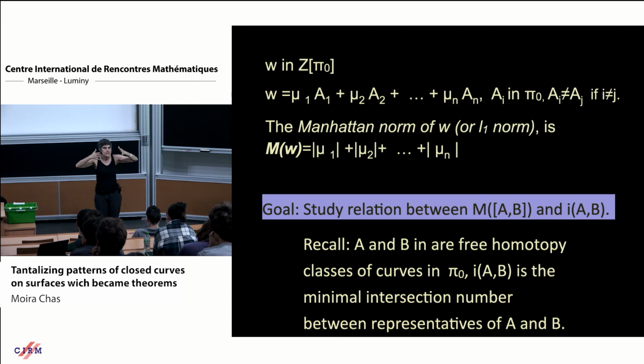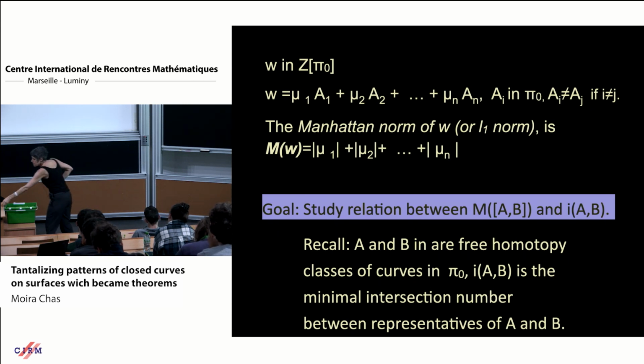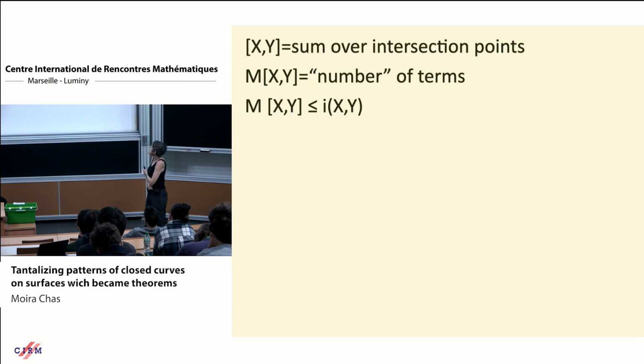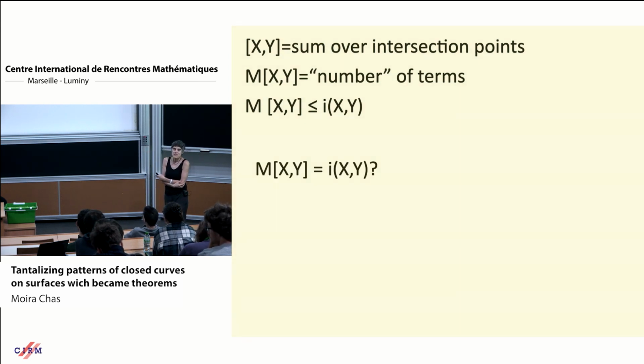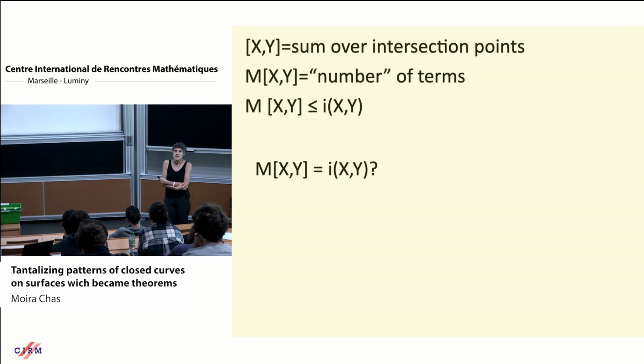Of course, I may have cancellation, you know, there are signs, and I'm taking classes. But at most I get that. So this Manhattan norm is bounded above by the intersection number. And this is what I just said. And I was wondering, is it equal?